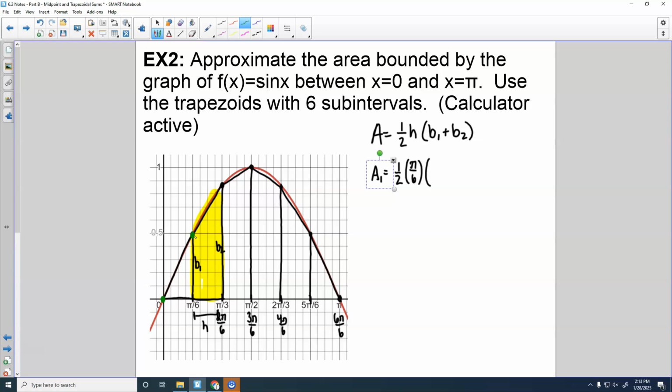But because this is really just a triangle, that first base is 0. And the second base is, I know it's 0.5, but I'm just going to call it f of pi over 6 for right now. Sine of pi over 6 is 0.5, so that's what you get.